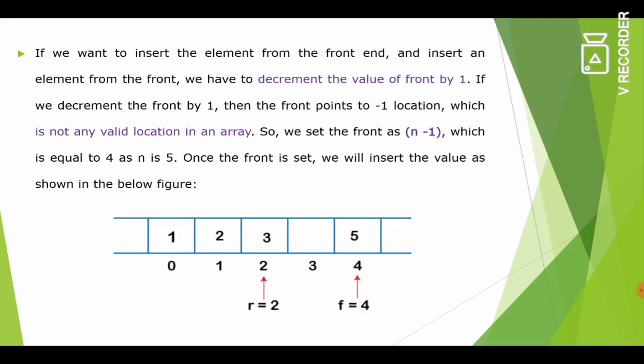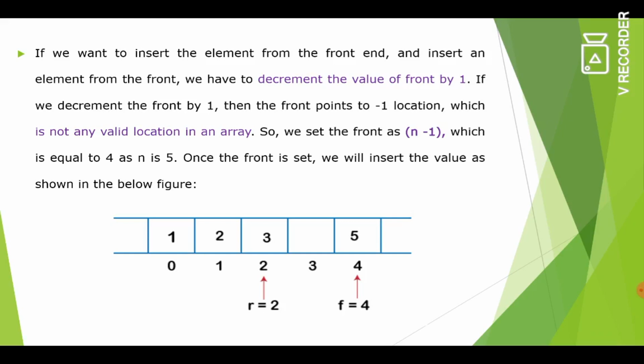Suppose if we want to insert the element from the front end, we have to decrement the value of front by 1. For the insertion from rear end, you have to increment the rear, whereas if you want to insert the element from the front end, you have to decrement the value of front by 1.